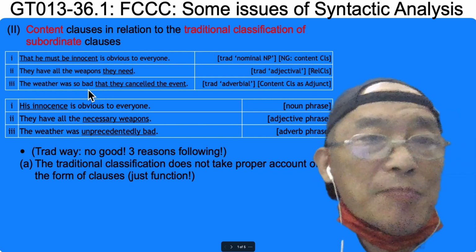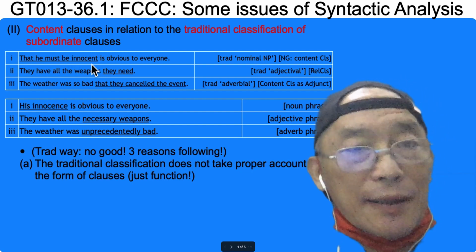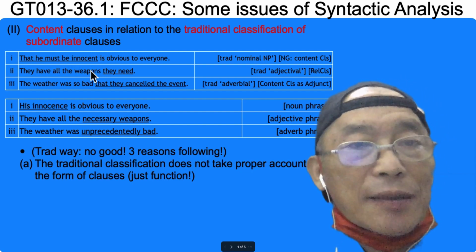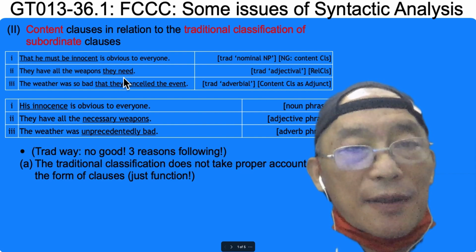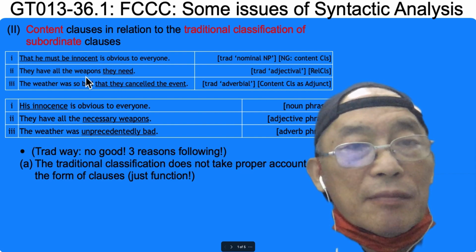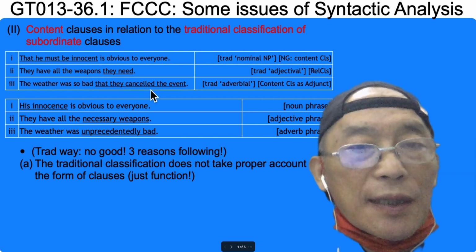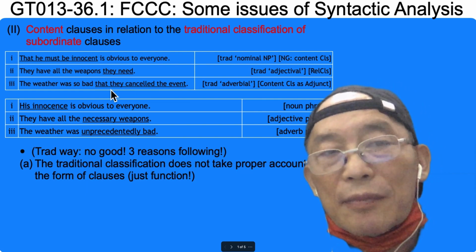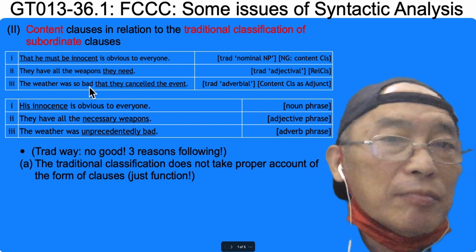But for new grammar, common clause acting as subject. Relative clause acting as modifying this noun phrase. And again, common clause acting as adjunct modifying this adjective.